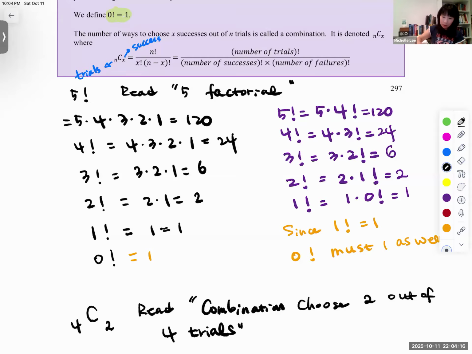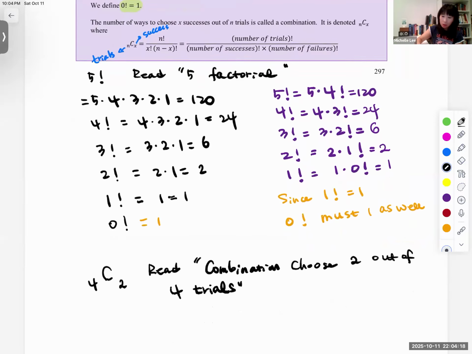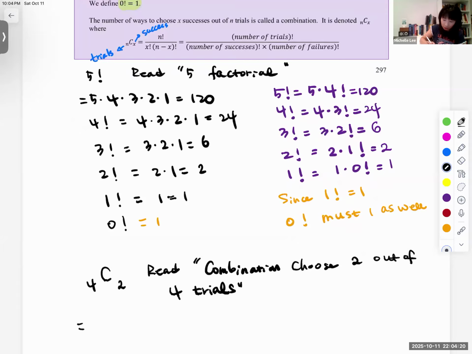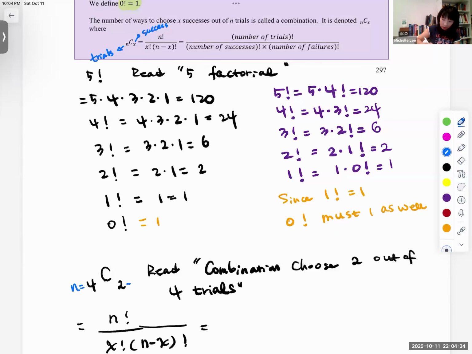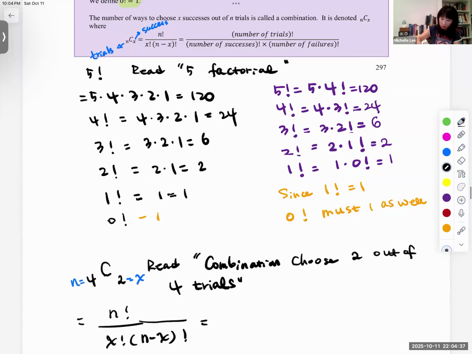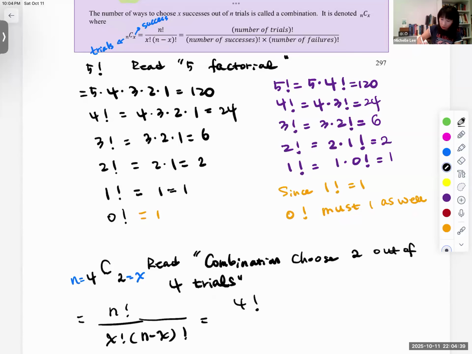All right, then let's follow the formula. So n factorial over x factorial times (n minus x) factorial, right? In this case, this is a 4 and this is x. So there will be 4 factorial over x factorial times (4 minus x) factorial, right?